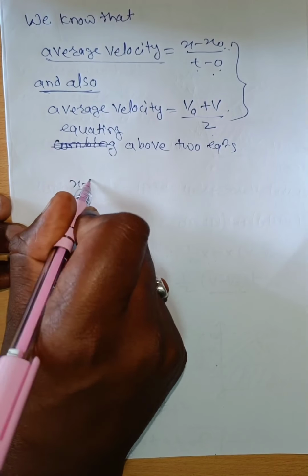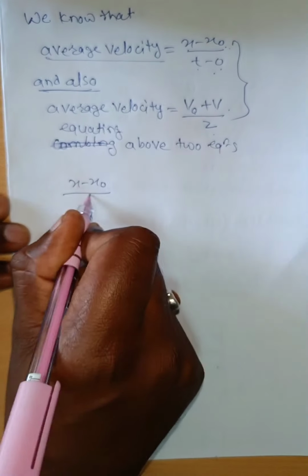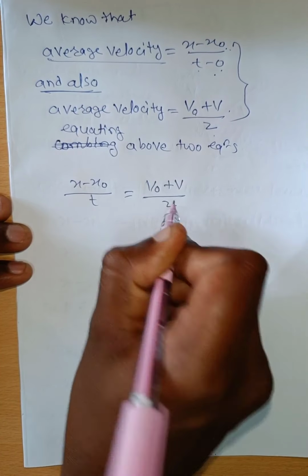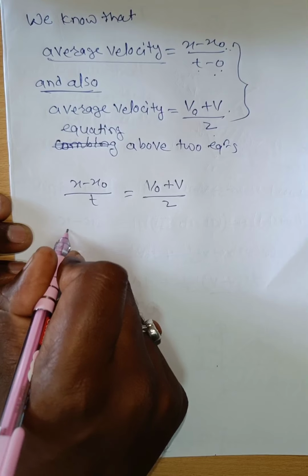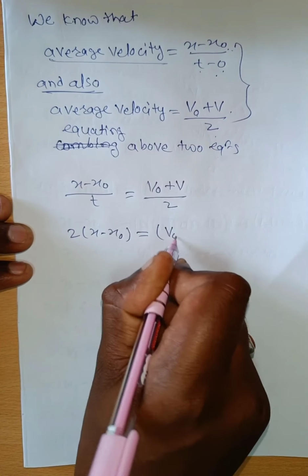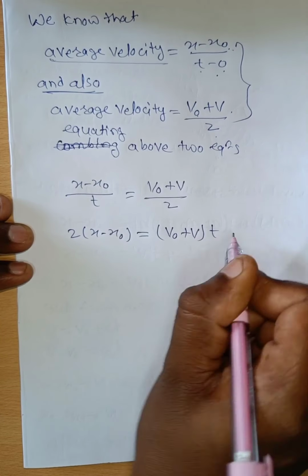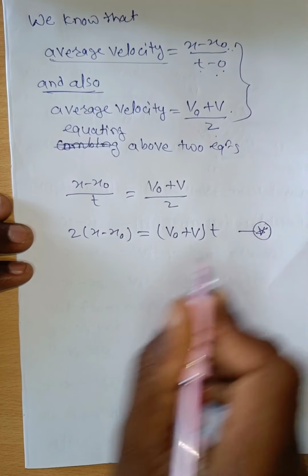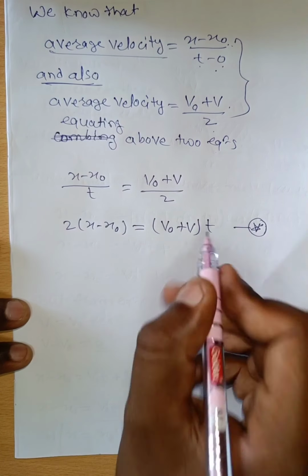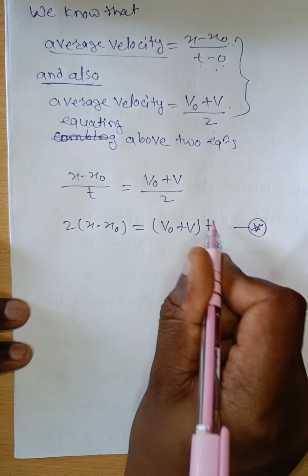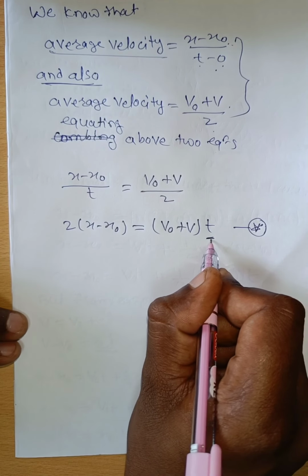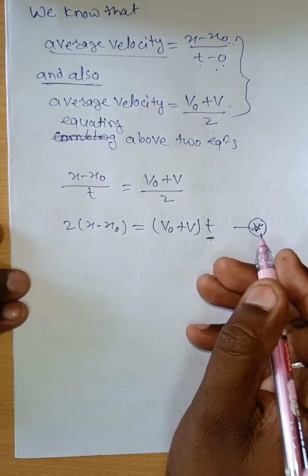So x minus x naught by t is equal to v naught plus v divided by 2. Taking cross multiplication, 2 into x minus x naught is equal to v naught plus v into t. This is equation star. Now by using equation 1, we have to replace t with another quantity.